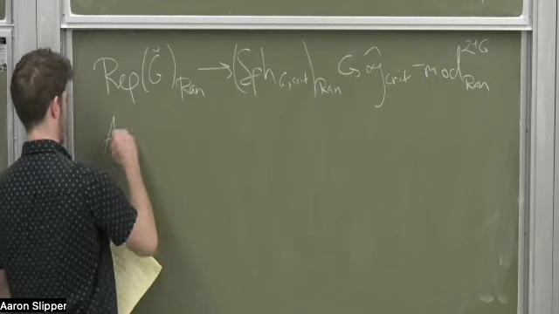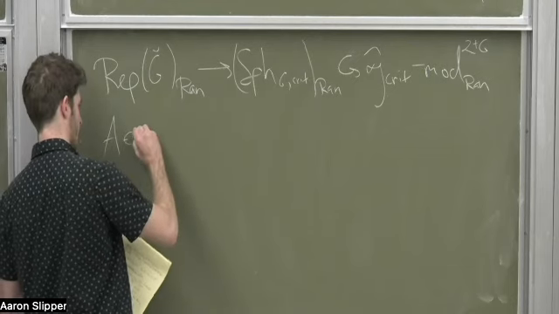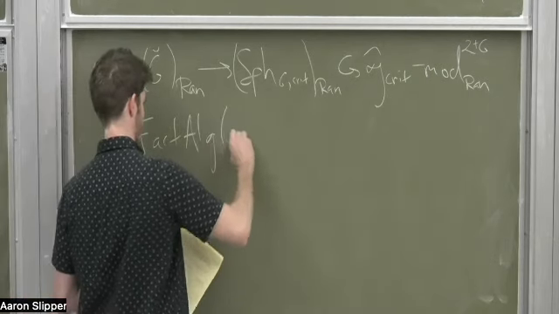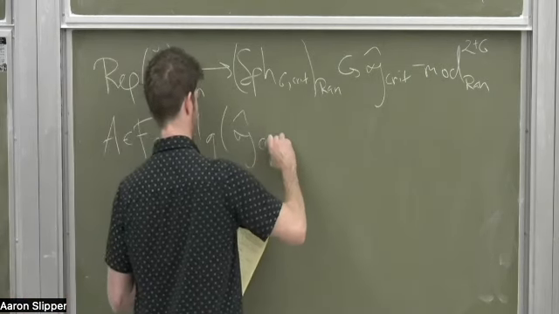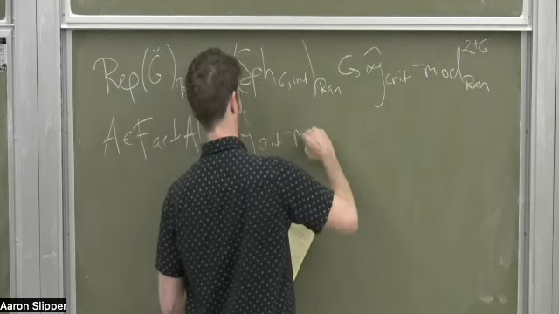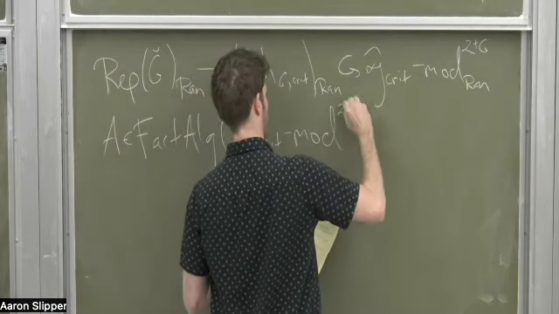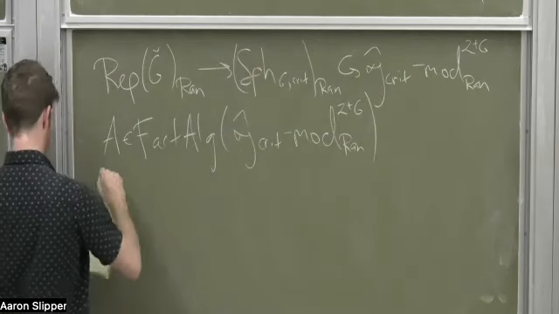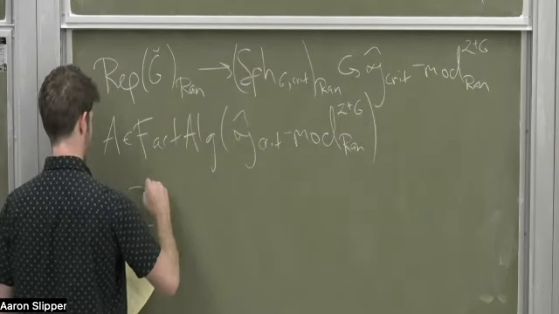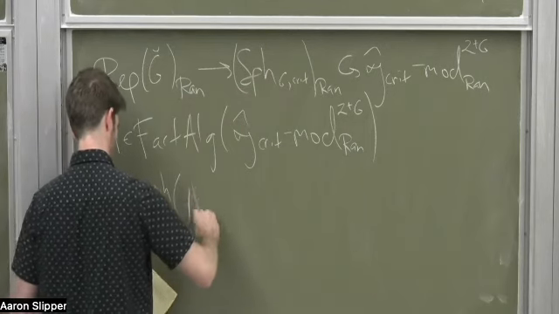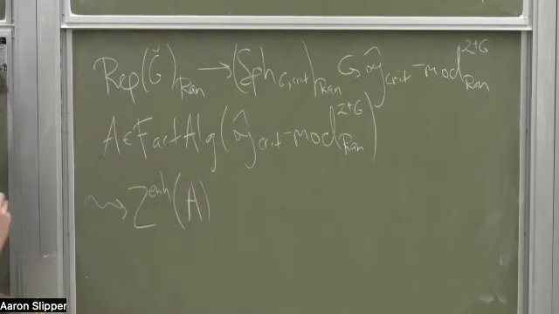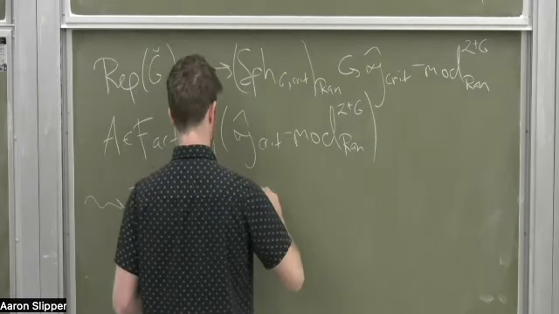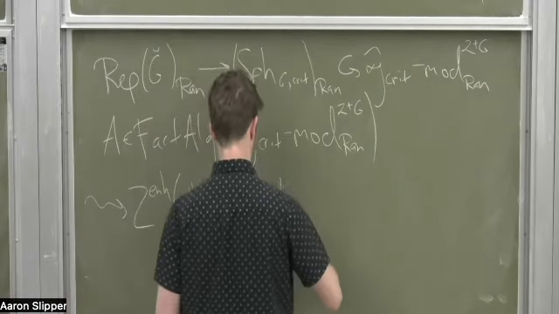So I'm going to do one more iteration of this center construction. Again, A is a factorization algebra in the Kac-Moody category at critical level. And I can define what I'll call the enhanced center. It's the same kind of enhanced as the notation from before, so it's going to be a very similar formula.